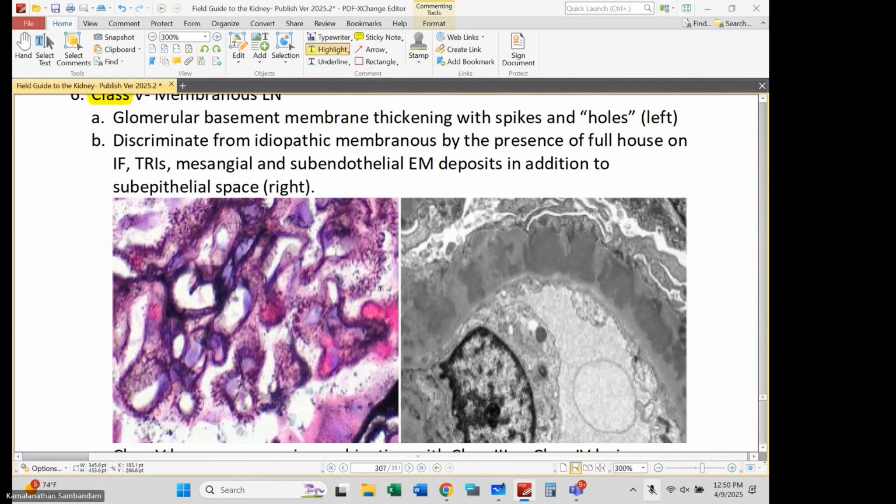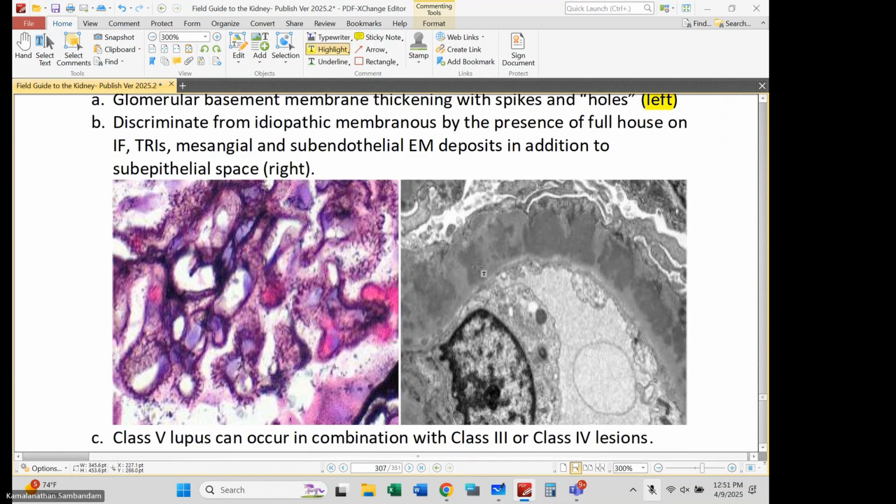And then there are some of these bubbly holes that are present as well, which emphasizes something that Pooja described in her PATH conference yesterday. Okay, how do we discriminate these from idiopathic membranous? Well, of course, the presence of full house staining, the presence of tubular reticular inclusions, and the wider distribution of deposits.